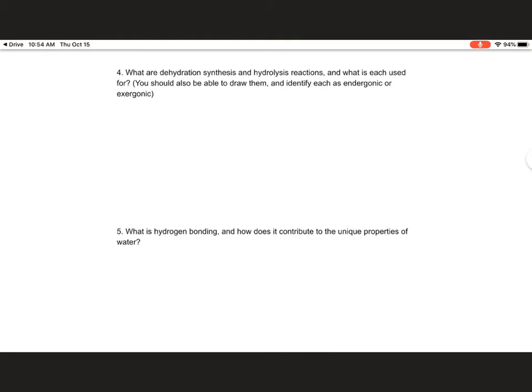Dehydration, synthesis, and hydrolysis reactions. So the general idea with dehydration synthesis is that we are building macromolecules. We're using energy to do that. So this would be an endergonic reaction.